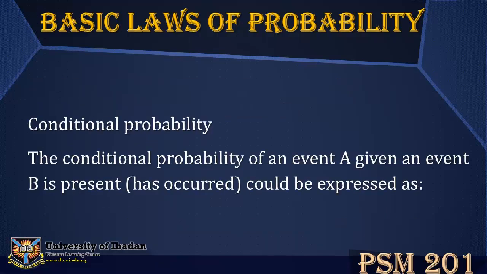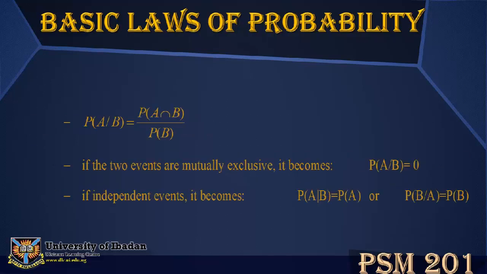2. Conditional probability. The conditional probability of an event A given that an event B has occurred could be expressed as P(A given B) equals P(A intersect B) over P(B).